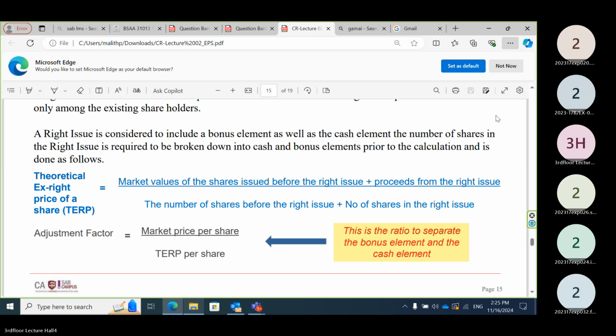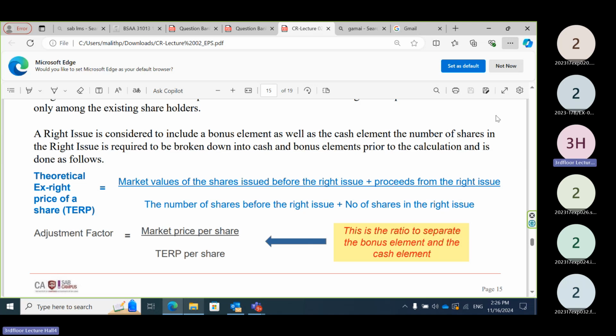Adjustment factor equals market value divided by term. Market price per share divided by term. Adjustment factor, that's market price divided by 28.33.